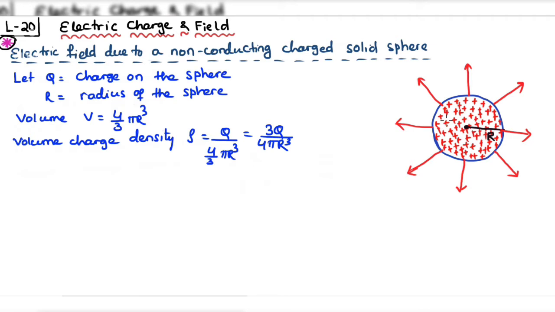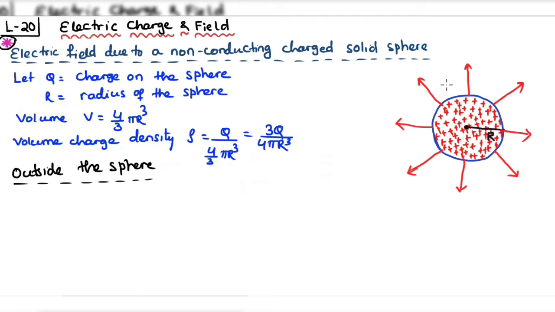So we have this solid sphere. This red color arrow mark represents the electric field lines, which are radially outward. And now we have to derive the expression for electric field outside the sphere. When we are using Gauss law, we have to consider a closed surface, and that closed surface is known as Gaussian surface. We have already drawn Gaussian surfaces in the three applications of Gauss law, so this is not new to us.